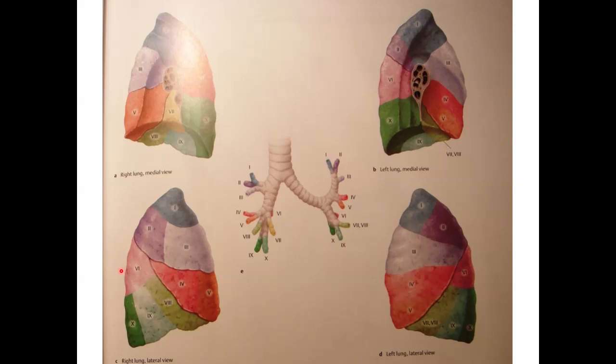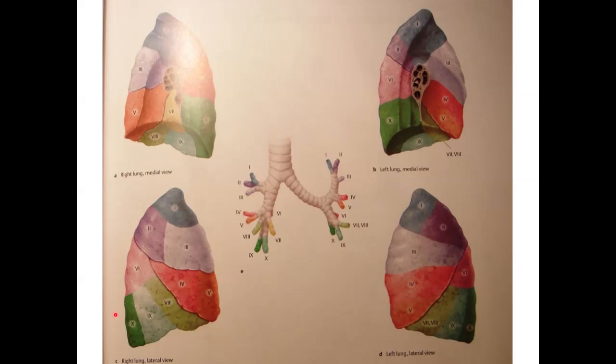And the inferior lobes in both lungs are practically the same according to the segments. Number 6, here it is. It's the apex of the inferior lobe.